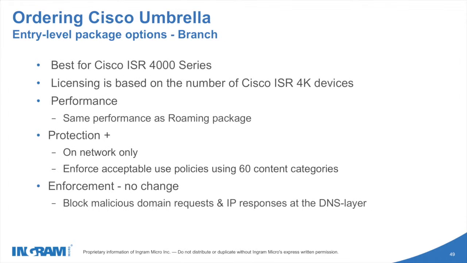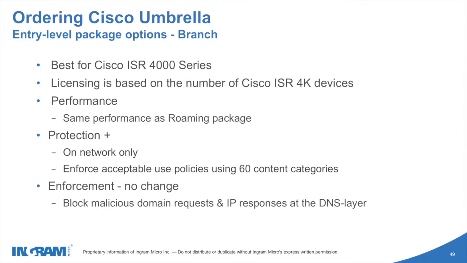Moving to the next option, the branch one. It's best for Cisco ISR 4000 series. Licensing is based on the number of Cisco ISR 4K devices. In terms of performance, it is the same: 100% cloud, 100% uptime, over 7 million unique malicious destinations enforced concurrently across the 25 data centers.